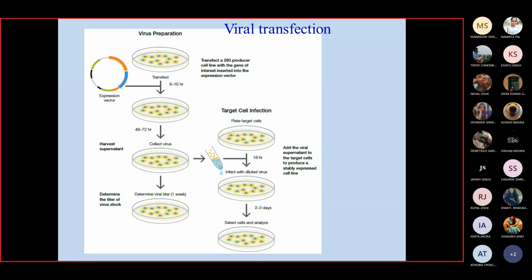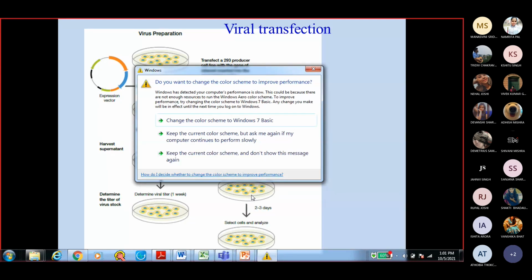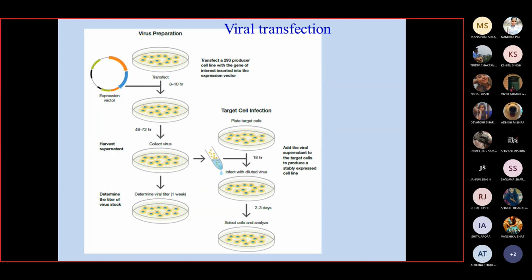Maybe in about 2 to 3 days, depending on the cell type and the virus, the transgene starts getting expressed, and you will see the cell line expressing the protein of interest. The ultimate aim in all these things is the expression of the foreign gene.